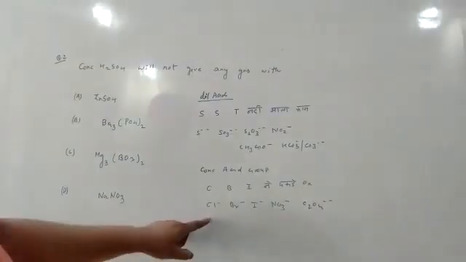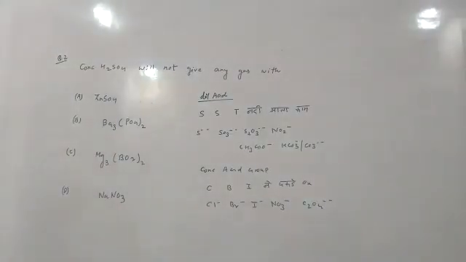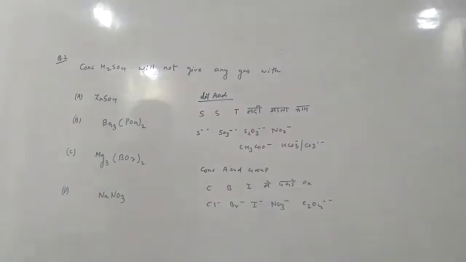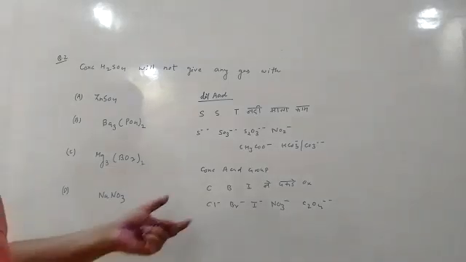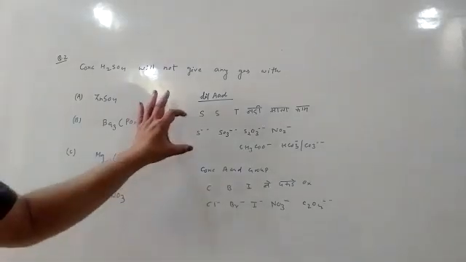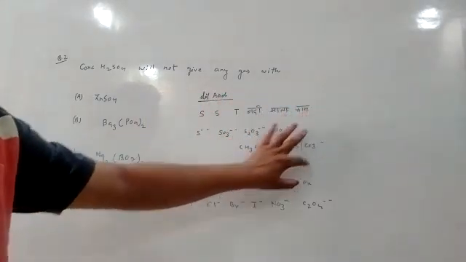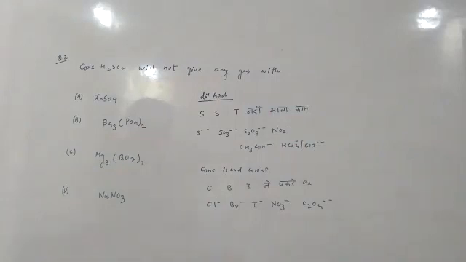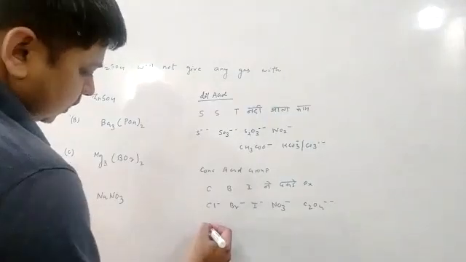So these are the acid radicals which will produce gas in concentrated acid. If these anions are giving gas in dilute acid, then definitely these will give gas in concentrated acid. Okay, understood?